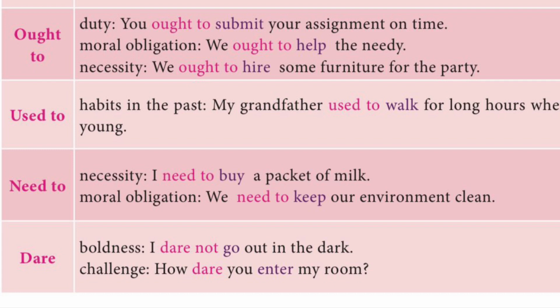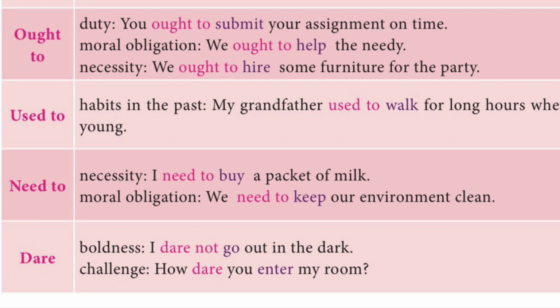So these are the modal auxiliaries which help you to express your feelings. As I said, modal auxiliaries are special auxiliaries which are used to express the mood or feeling of the subject, the words which we use to express our mood or feeling.